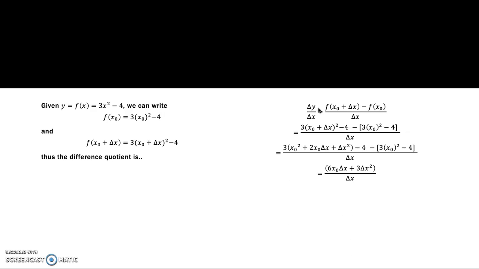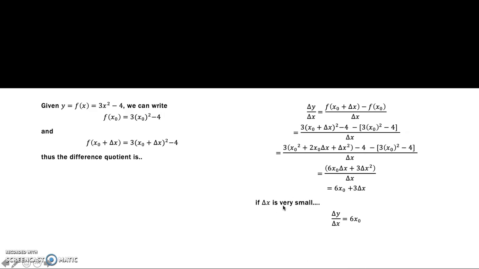To understand the operation in more detail and more slowly, you can try to do it on your own by pausing the video. So the end result is 6x plus 3 delta x. This is the derivative of this equation if delta x is a large number.